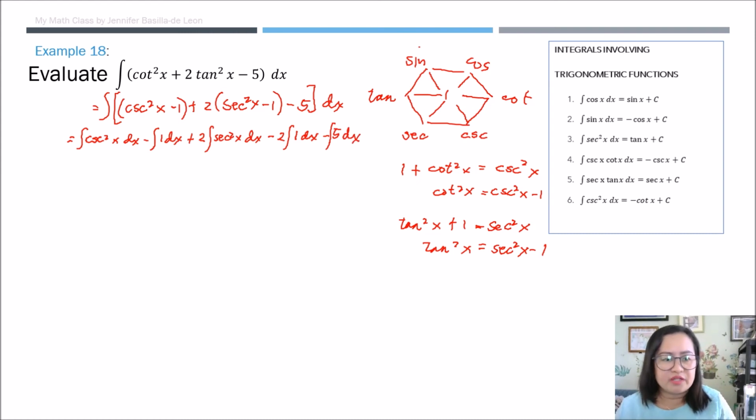Now simplifying, the antiderivative of cosecant squared x is negative cotangent x. Now the antiderivative of 1 is x.